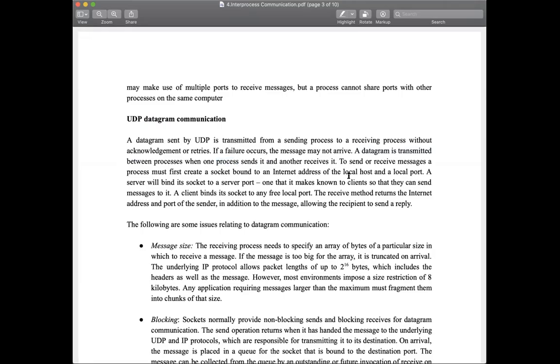In order to communicate that datagram between the sender and the receiver, it will refer to the internet address of the host machine and the port, right? So a socket is directly bound to that internet address and the port. Referring to that host address and the port, the communication will happen.